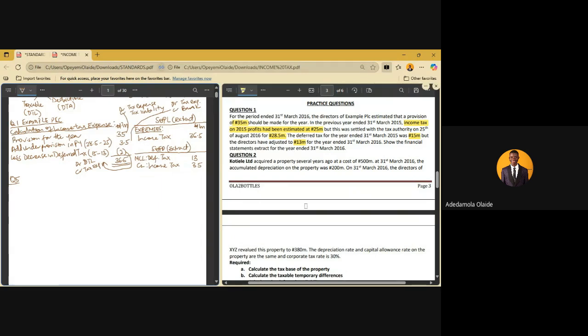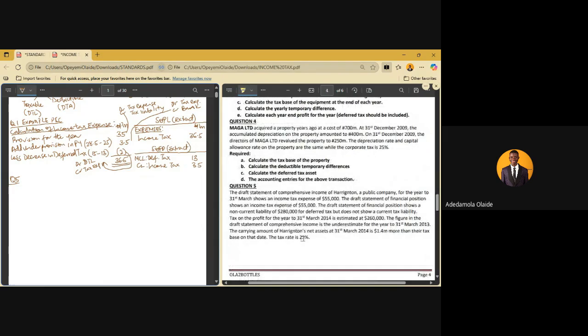So, question 5, we have what? The draft statement of comprehensive income of Arlington, a public company, for the year to 31 March, shows an income tax expense of 55,000. The draft statement of financial position shows a non-current liability of 280,000 for deferred tax, but does not show a current tax liability.